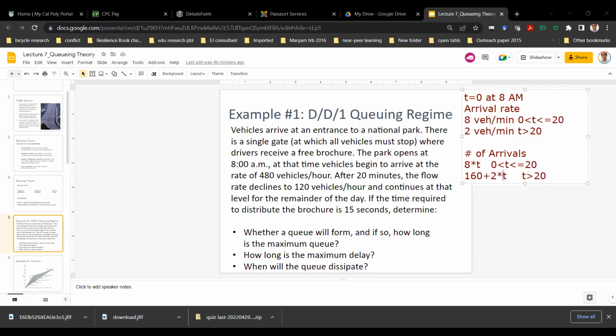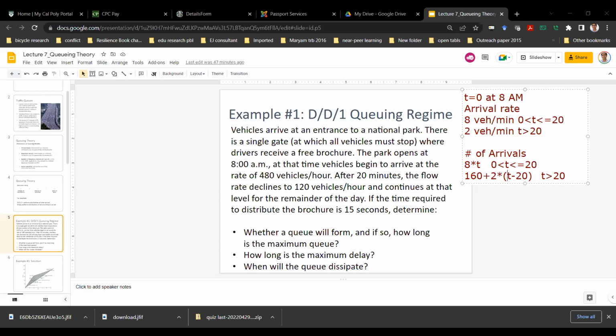If you plug in t equal to 21 here, you won't get 162. You'll get 160 plus 42, which would also be incorrect. You have to account for the fact that this new arrival rate has only been in place starting at t equal to 20. So this is how I should write my total arrival equation. Whenever you're writing these discontinuous functions for total number of arrivals, you should be careful about how you write that down.